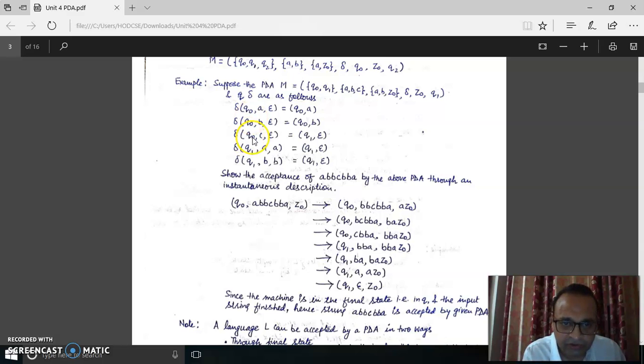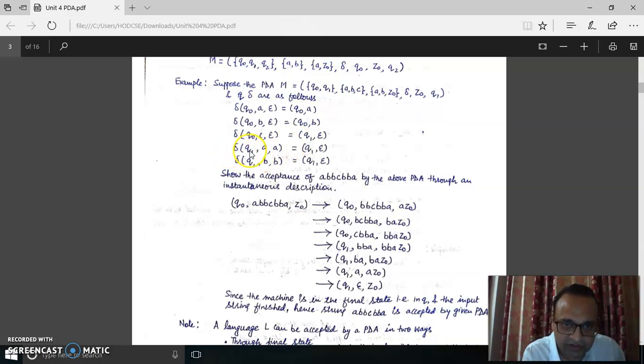Now, if the machine is on Q0 state, and C is the current input symbol, whatever the top symbol of the stack is, we are simply changing the state and doing no operation with the stack. When C is there, we are doing no operation, but we are simply changing to another state.